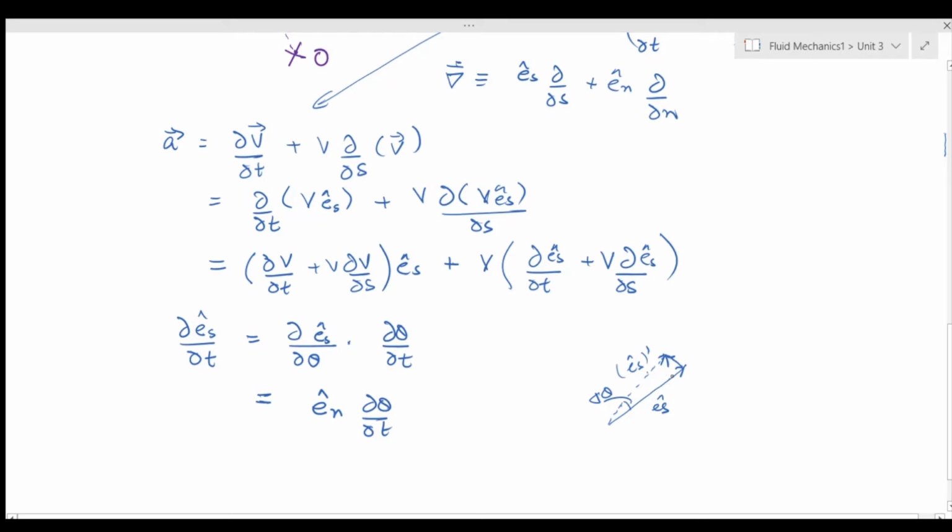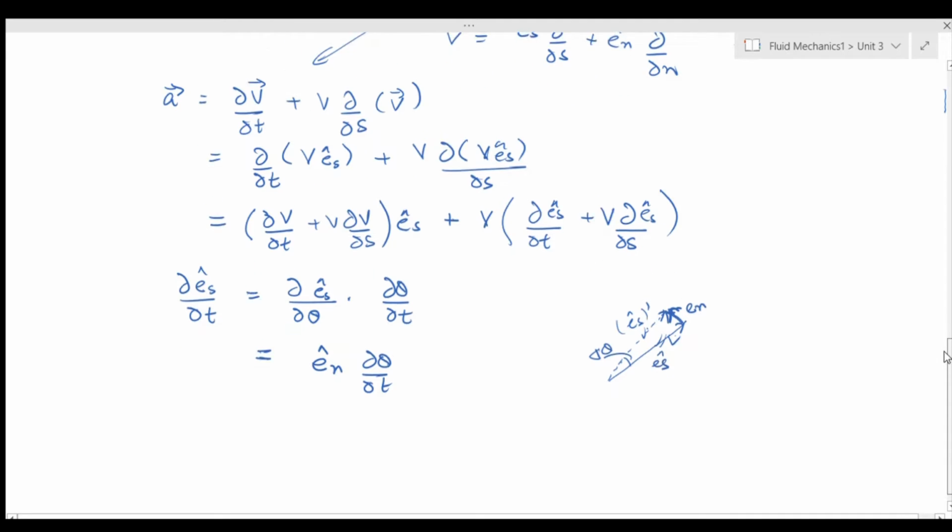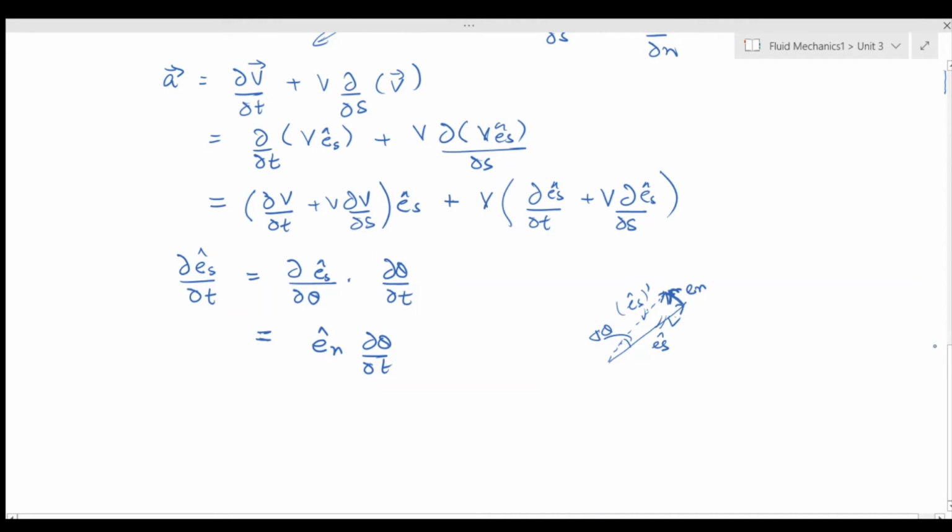If this is unit vector Es, since it's unit vector, this length would be equal to this length. For the limit del theta tending to 0, we would find that this vector here is perpendicular to Es, and this is what is known as En. For a more detailed derivation, you can go to your statics book.